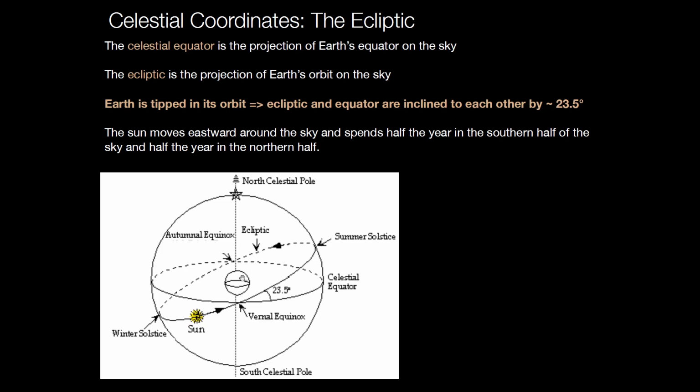So if we imagine we're sat on the Earth and that the Sun is going around the Earth rather than the Earth going around the Sun, it's as if the Sun takes this track here around the celestial sphere. So it goes into the northern hemisphere in the northern summer, and the southern hemisphere in the northern winter. Right?